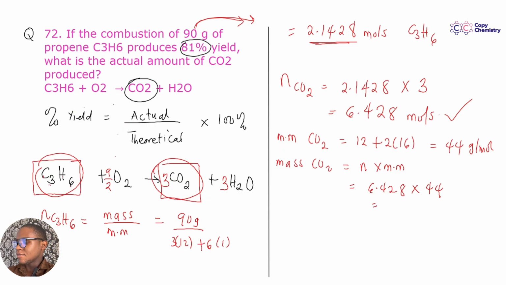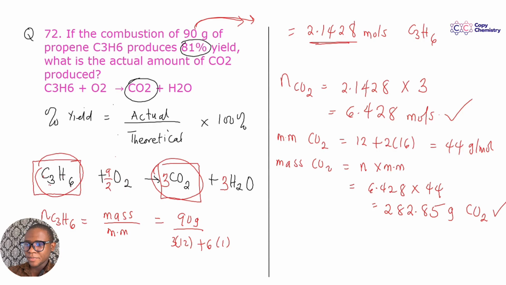So what does that give us when we multiply? About 282.85 grams of CO2. You see this stuff I've calculated here now, 282.85. That stands as the amount of CO2 that will be produced by calculation, meaning that this is the theoretical yield.